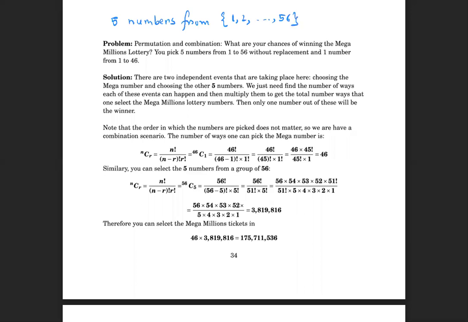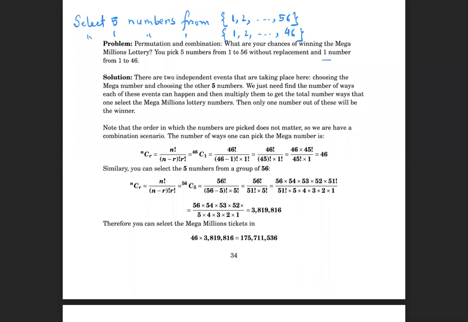Those are the regular 5 numbers. And then you select one number from 1, 2, all the way up to 46.